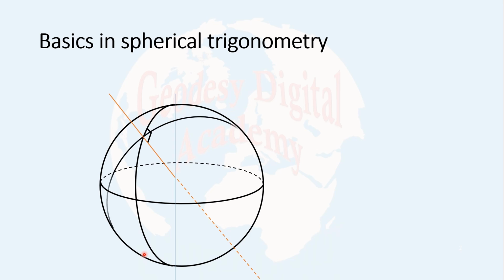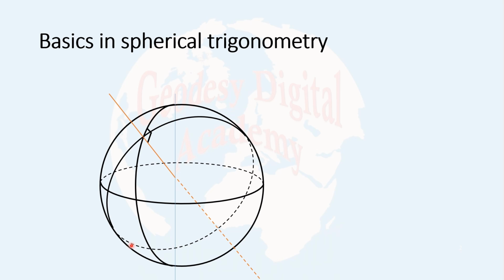In other words, the intersection of the vertical plane and the surface of the sphere is a circle, which is called a great circle. Why is it a great circle? It's a great circle because it goes through the center of the sphere.